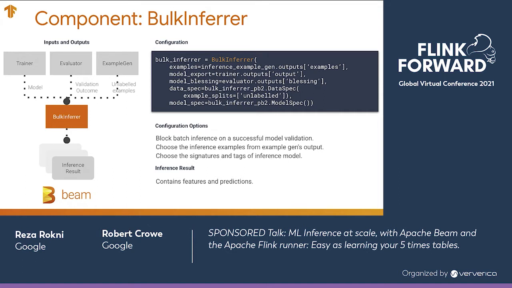And you're going to run that inference using a Beam pipeline on a distributed framework like Flink. So this is another way you can leverage Flink for both your training pipeline and for your inference pipeline. We're going to be talking a lot about inference today in a little different way that becomes very important.